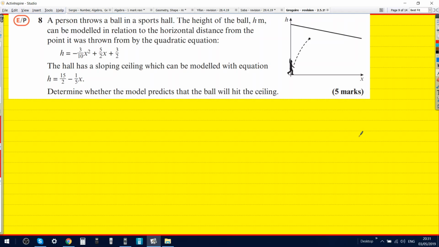How do you get on there? I'm just simplifying it. I've equated it to 0.